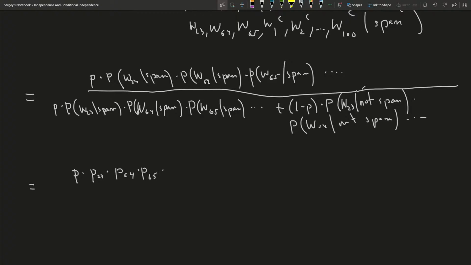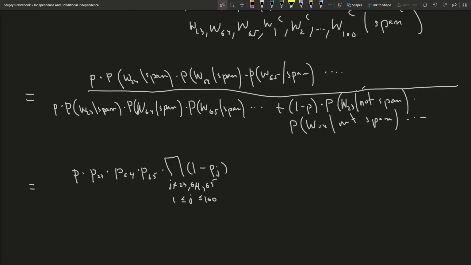Because p sub j is the probability that the jth word occurs. So 1 minus p sub j is the probability that the jth word doesn't occur given spam. So we're taking the product of these, where j doesn't equal 23, 64, and 65, and j is also between 1 and 100.